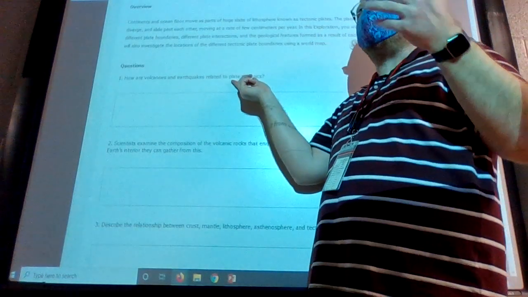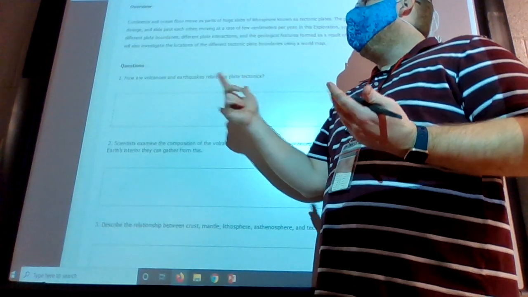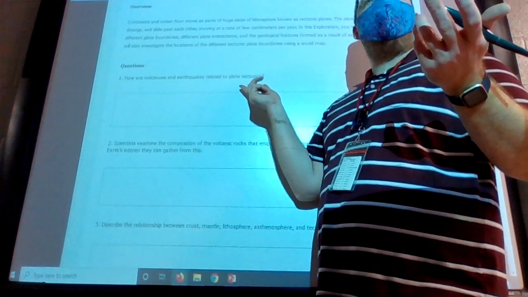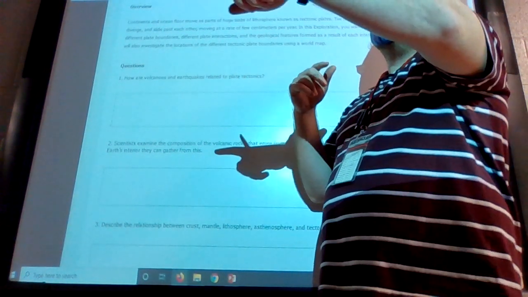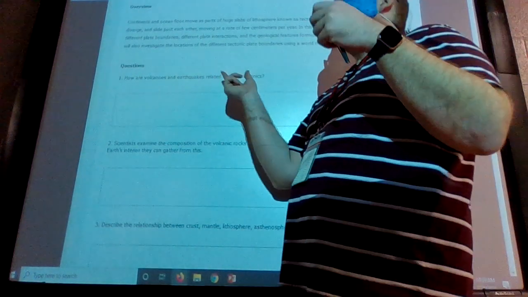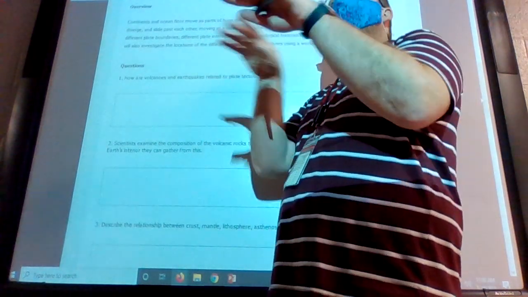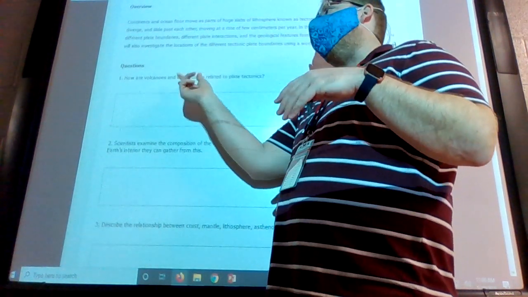So plate tectonic interactions or movements cause earthquakes. How are volcanoes associated with plate tectonics? Yeah, so when the plates move, they cause earthquakes.